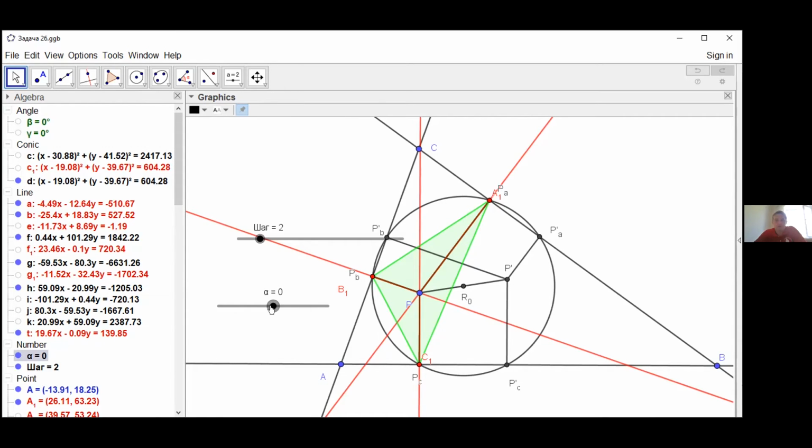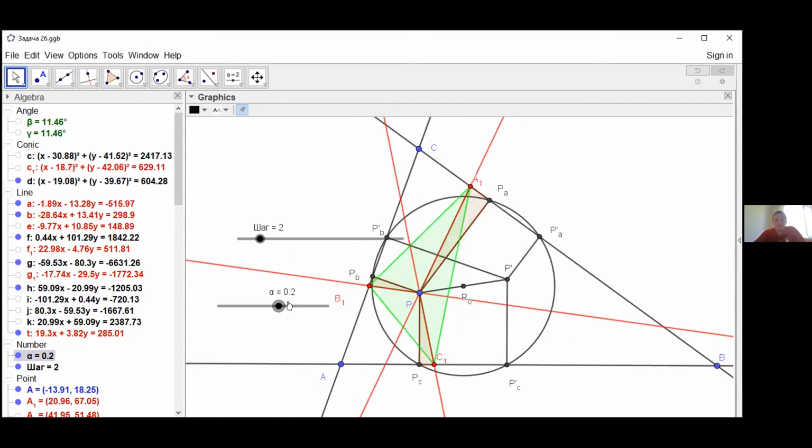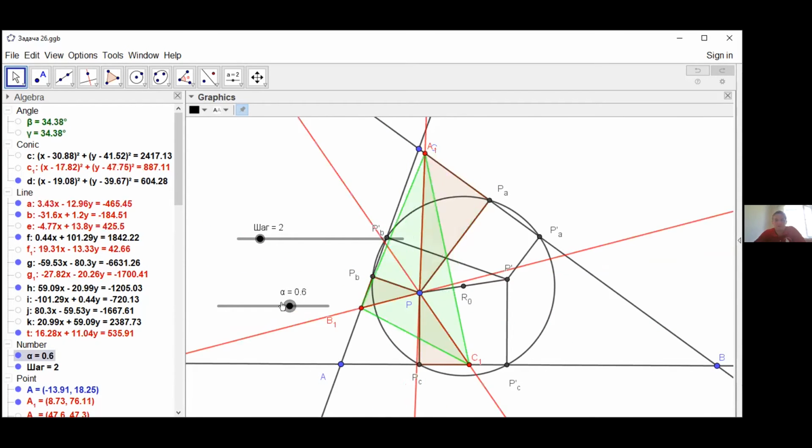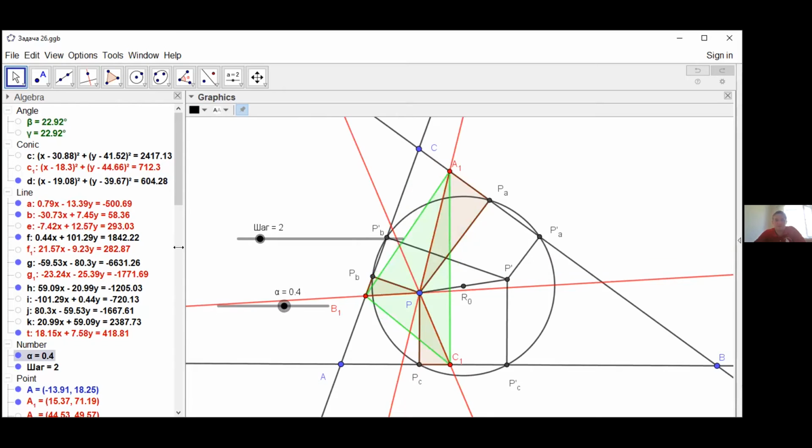Since all the corresponding points move along the lines, it's easy to construct the center of the circle A1, B1, C1.